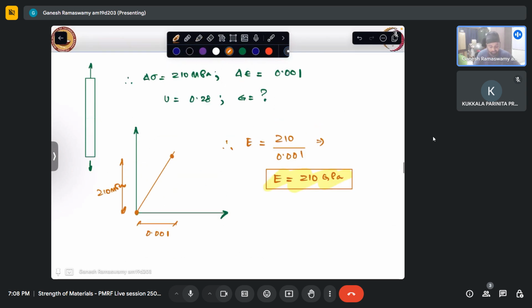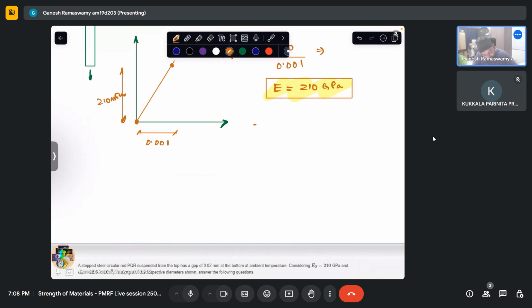Now we have been asked the modulus of rigidity. We know that G is actually equal to E by 2 into 1 plus mu. Similarly, we know the bulk modulus K is E by 3 into 1 minus 2 mu.